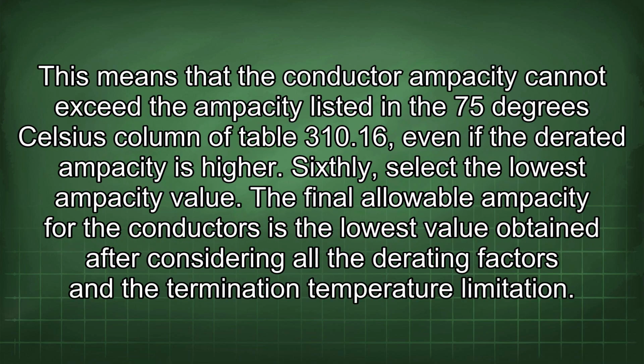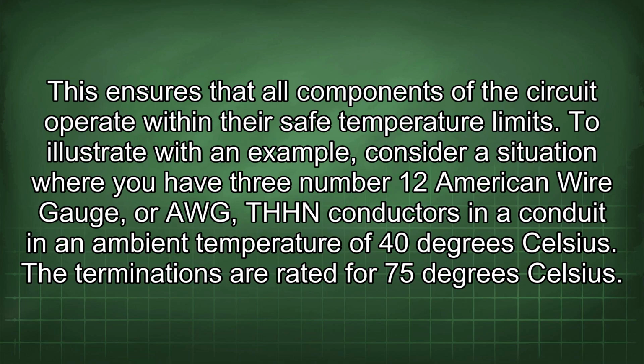This means that the conductor ampacity cannot exceed the ampacity listed in the 75 degrees Celsius column of Table 310.16, even if the derated ampacity is higher. Sixthly, select the lowest ampacity value. The final allowable ampacity for the conductors is the lowest value obtained after considering all the derating factors and the termination temperature limitation. This ensures that all components of the circuit operate within their safe temperature limits.